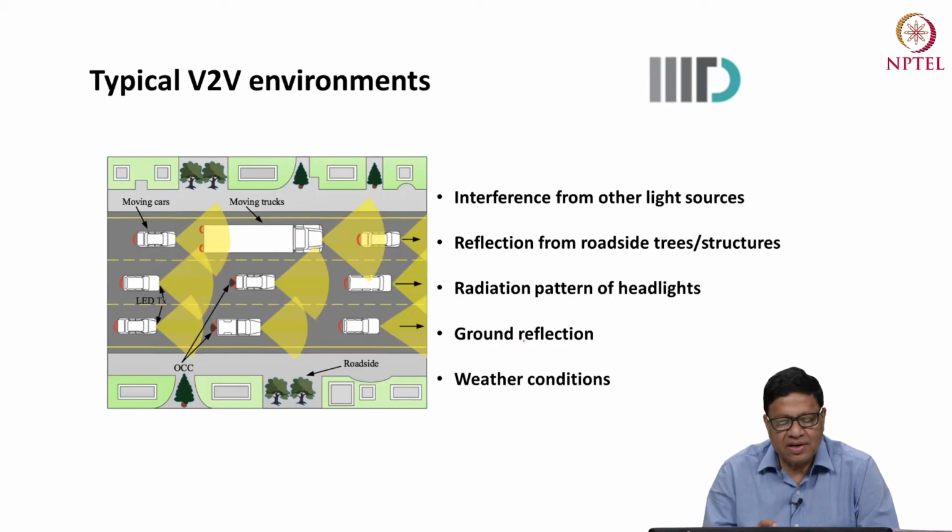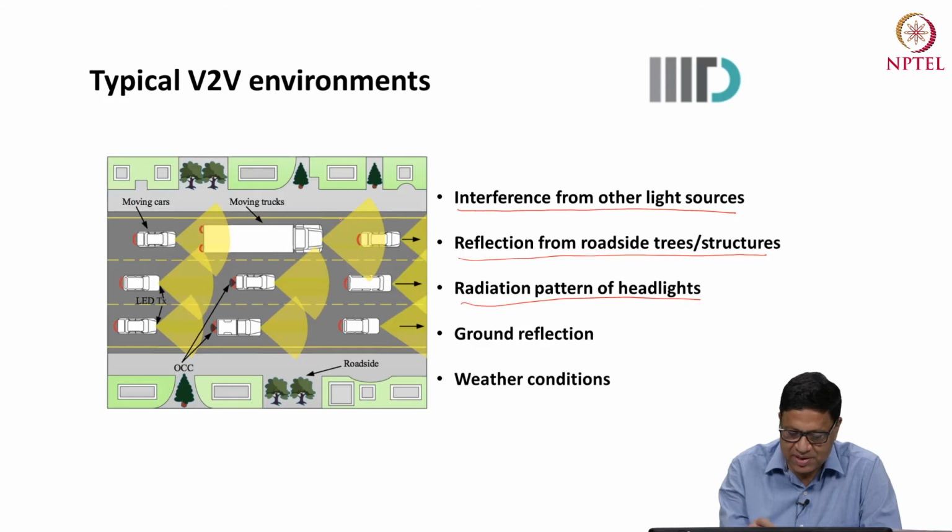So if we consider a typical V2V environment, you will see that while analyzing this vehicle-to-vehicle communication, you need to consider interference coming from other sources. The other sources could be the cars which are different from the cars which are communicating. There could be reflection coming from roadside trees and buildings or some structures. The radiation pattern of the headlight, again it is shown here as symmetric, but it is not symmetric.